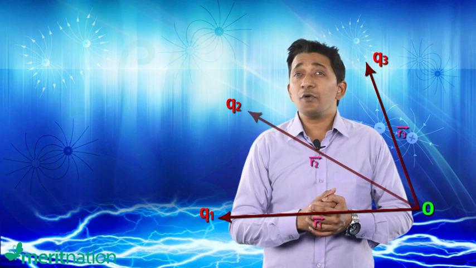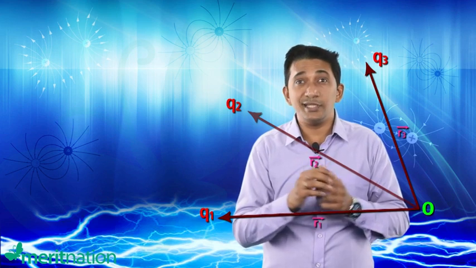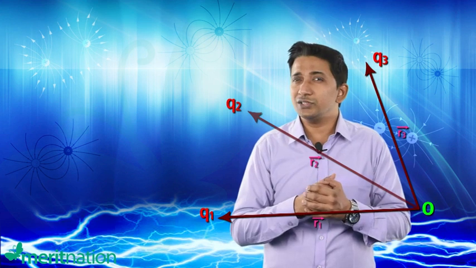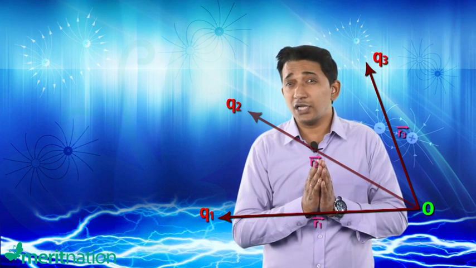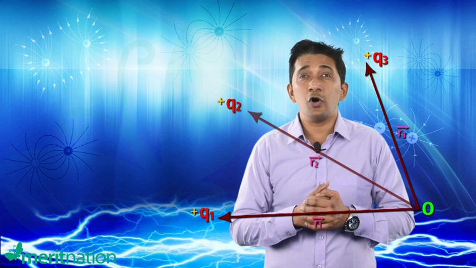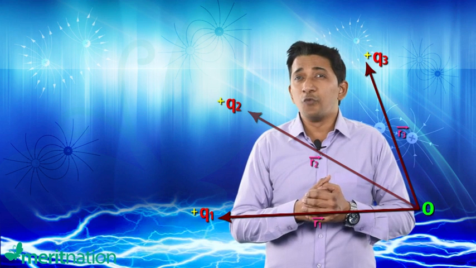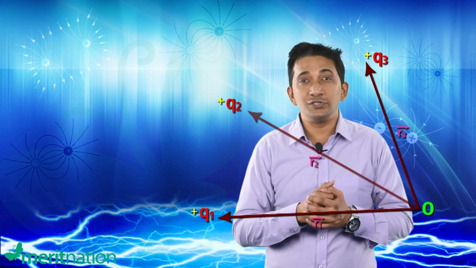Now, if we want to think in terms of the superposition principle, it is essential that we assign some polarity to these charges. So here I am taking all these three charges to be positive. So this is obviously a case of repulsion. So we are focused on calculating the net force on the charge Q2 by the superposition principle.